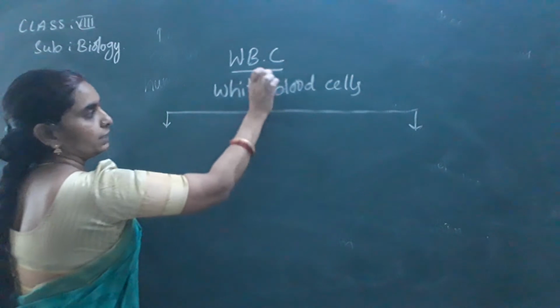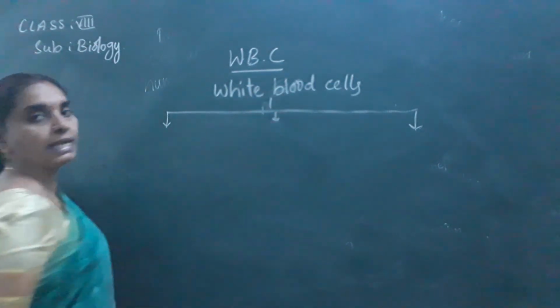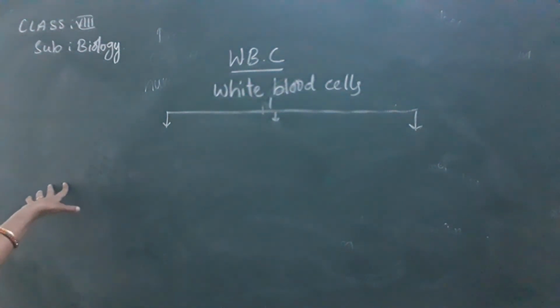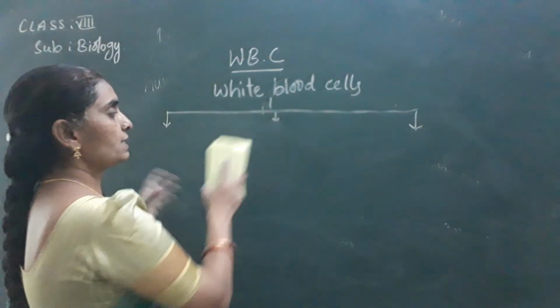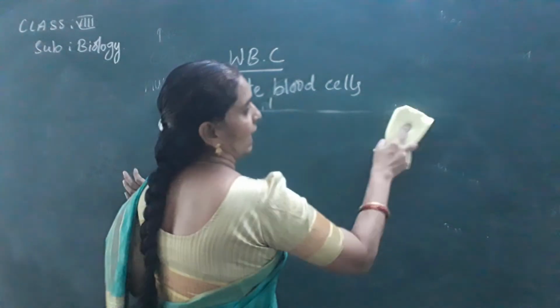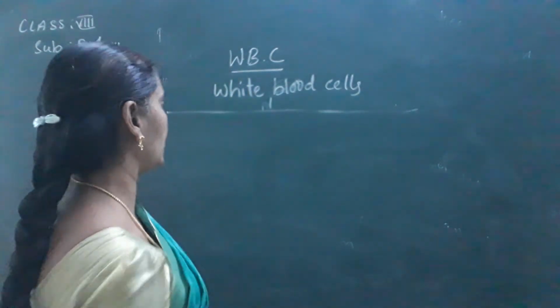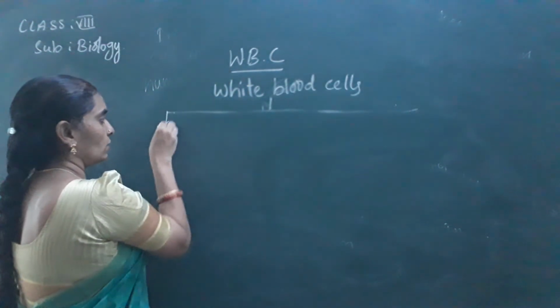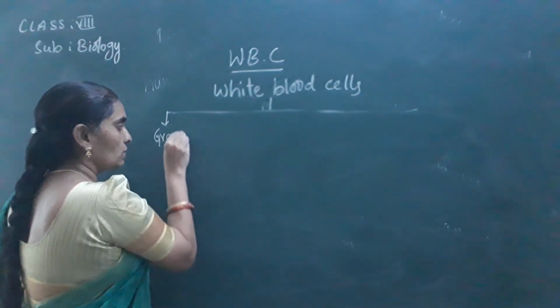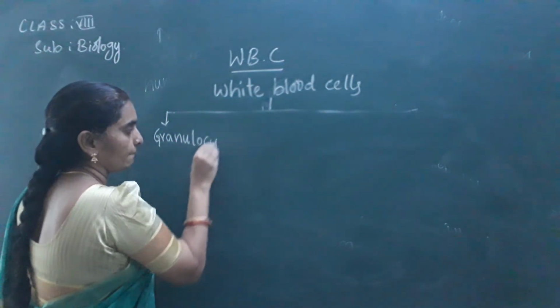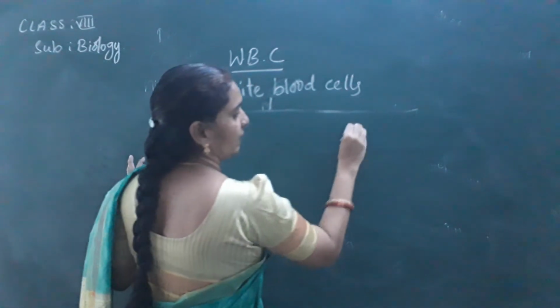They are divided into types: eosinophils, basophils and neutrophils. At first, white blood cells are divided into granulocytes and agranulocytes.